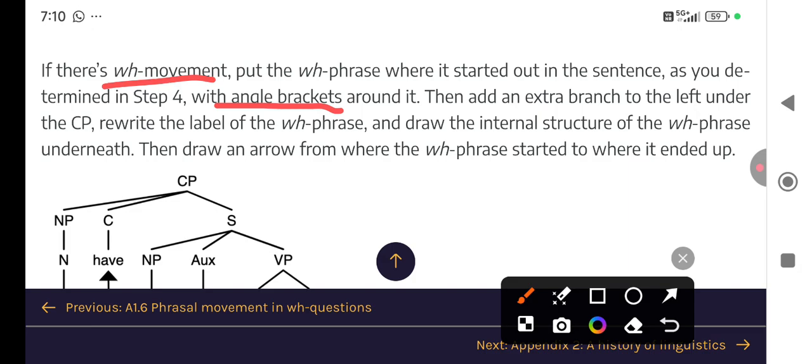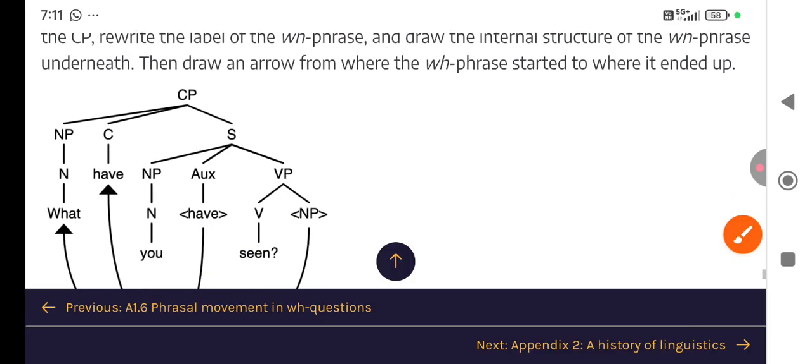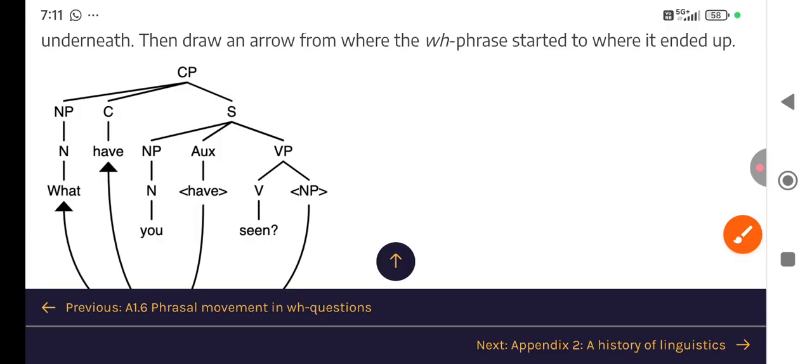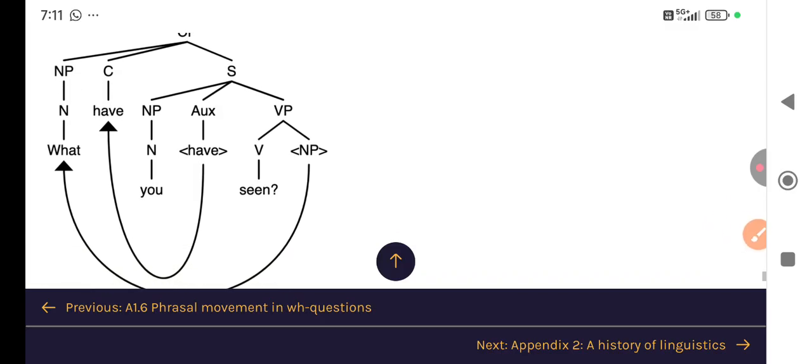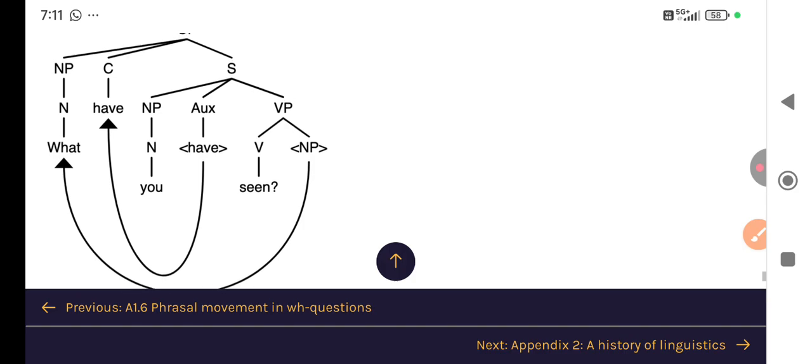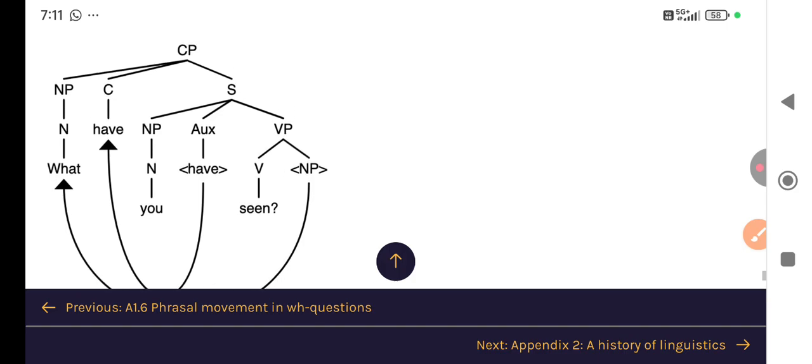And then add an extra branch to the left under the clause phrase, rewrite the label of the WH phrase and draw the internal structure of the WH phrase underneath. Then draw an arrow from where the WH phrase started. Okay. How? That's a sentence. What have you seen, right?